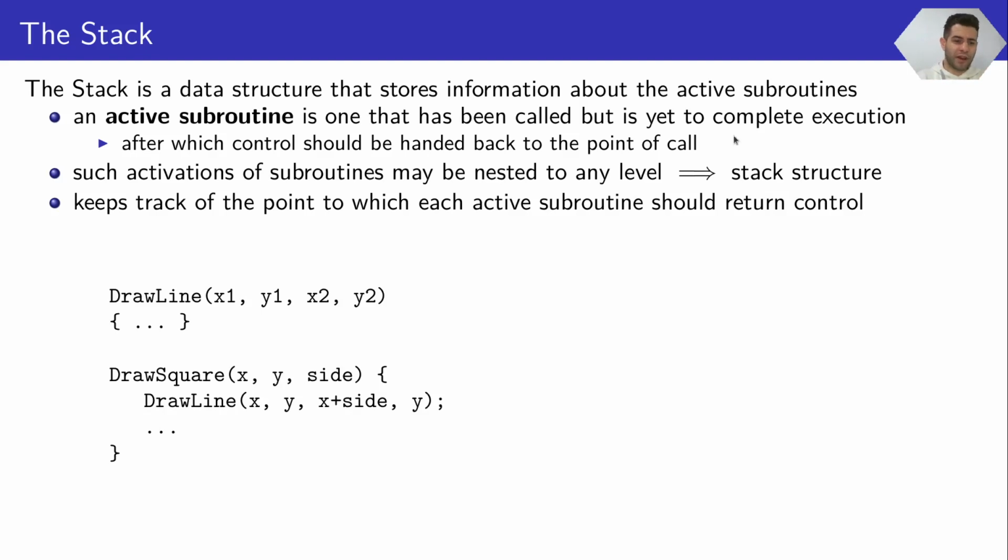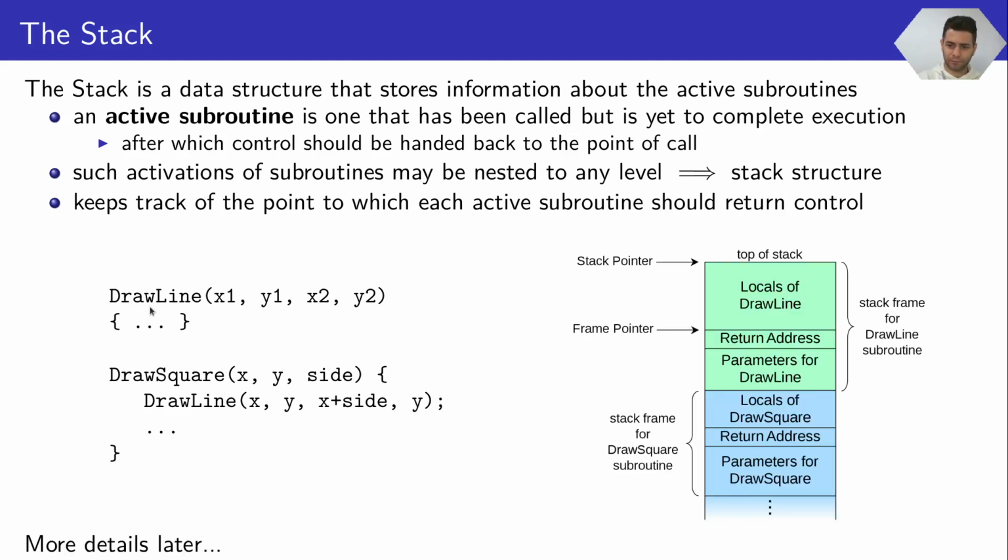Let's see an example. Here you have the function draw line, and here we have the function draw square, which inside its code is calling the function draw line. What happens when we reach this line of code and we call the draw line function and we end up here? This is the routine at the top of the stack. Here we have the local variables of draw line. At the moment we have nothing.